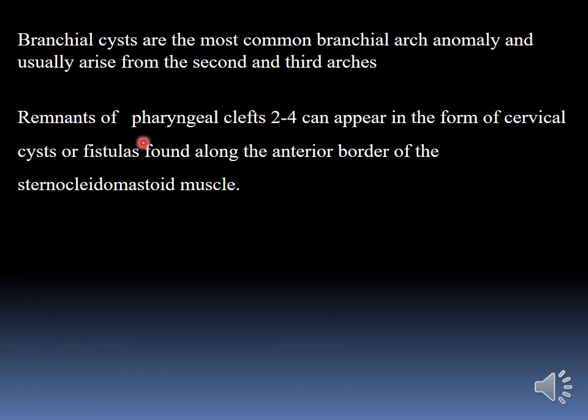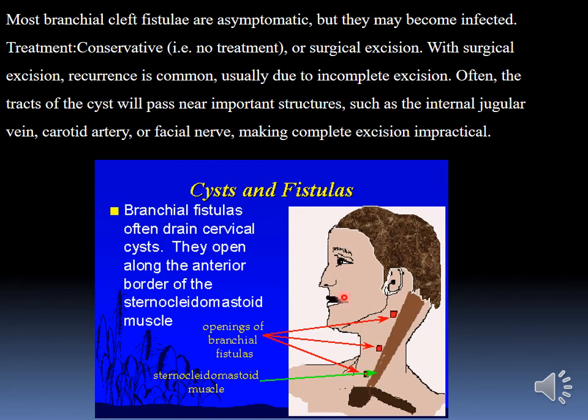The remnants of pharyngeal clefts 2 and 4 appear in the form of cervical cysts or fistulae. They are found alongside the anterior border of the sternocleidomastoid muscle. Here you can see this is the sternocleidomastoid muscle. This cyst or fistula can appear at any one of these points.